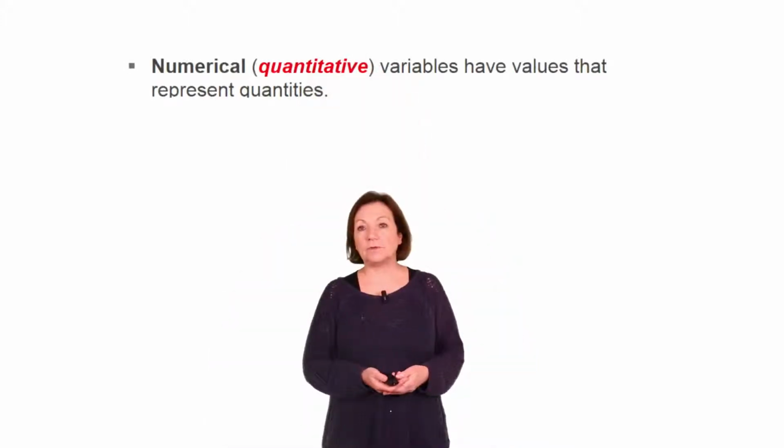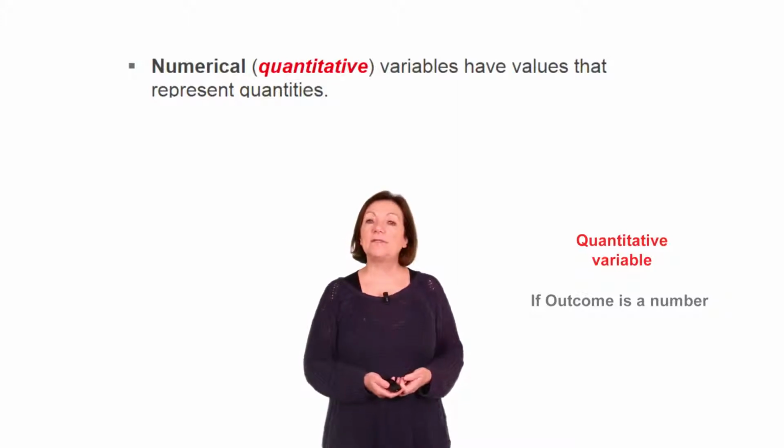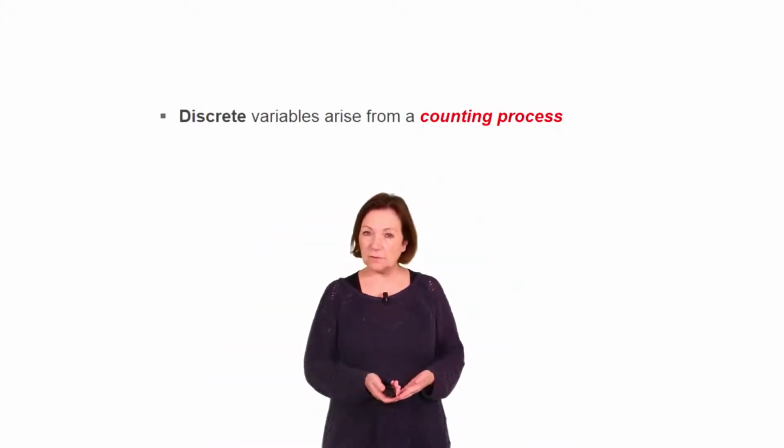The second type of variables is numerical variables. They're also called quantitative variables. And so the outcome of quantitative variables is always going to be a number. We have two types of quantitative or numerical variables. We have discrete variables.